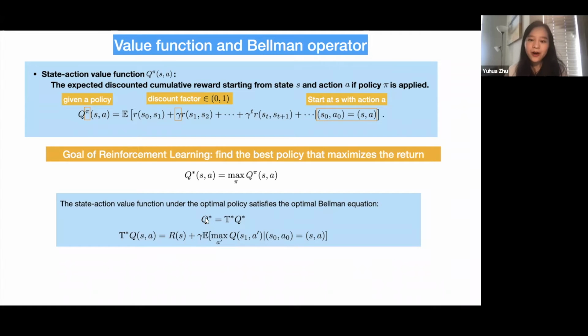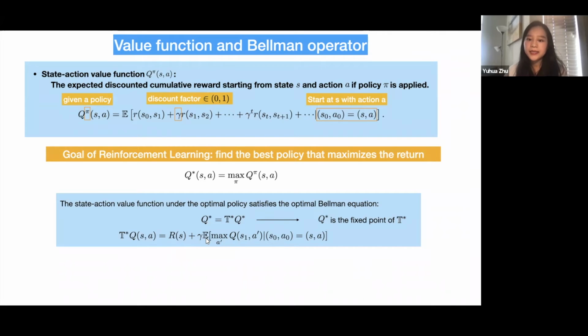And this Q star is also the fixed point of the optimal Bellman operator, T star. T star is defined as follows. It is equal to the expectation of the reward, here we call it capital R, plus gamma times a conditional expectation.